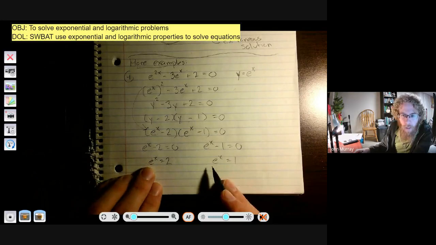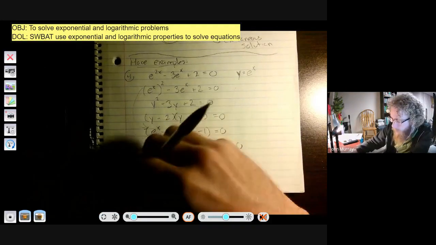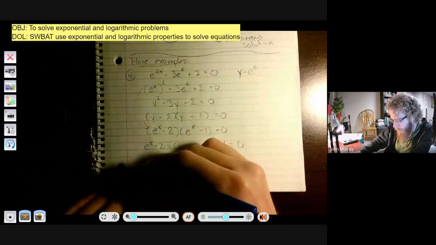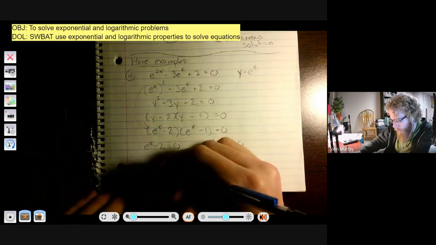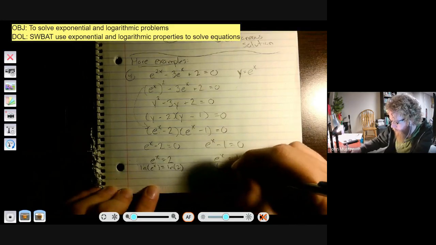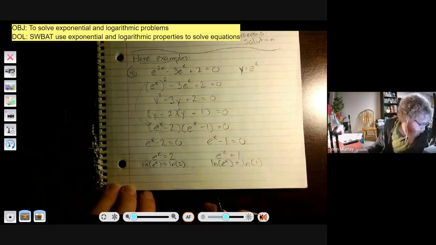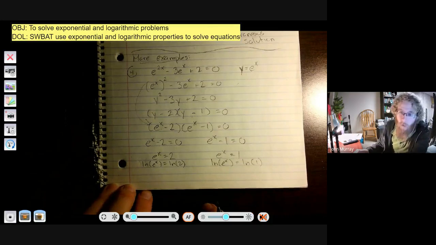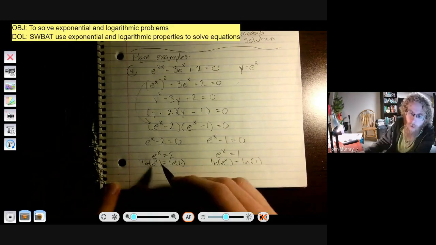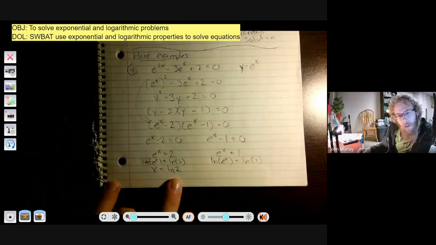And now we need to get rid of the e. So I would take the natural log of everything. Right, so here I would get x equals the natural log of 2.